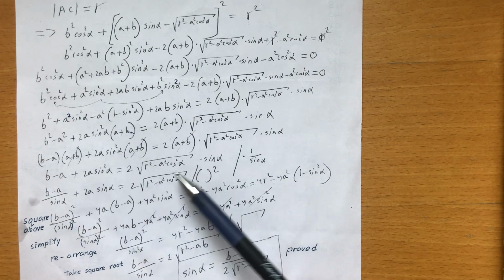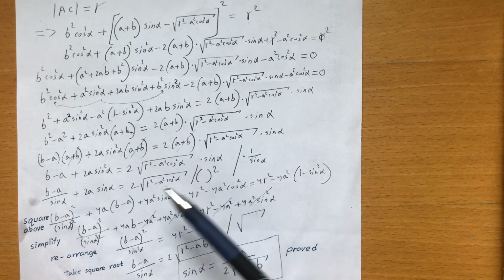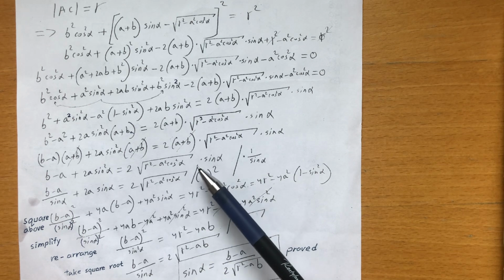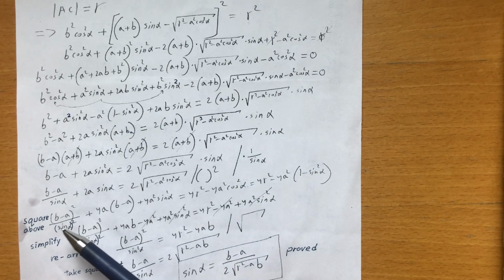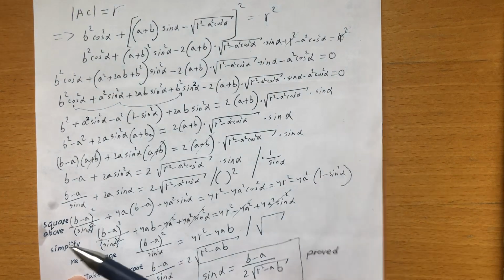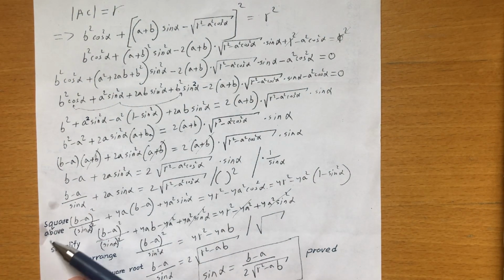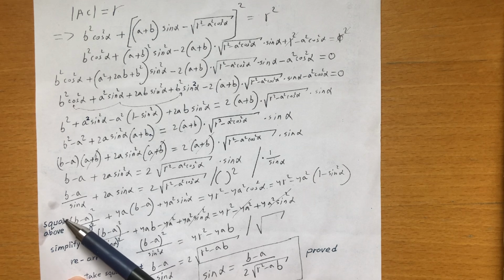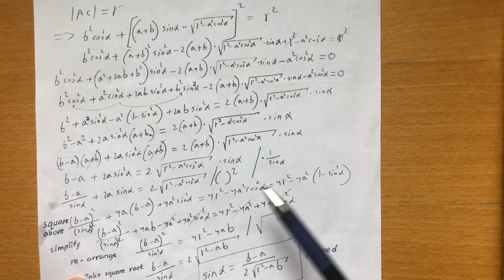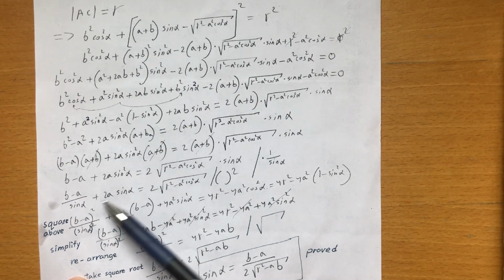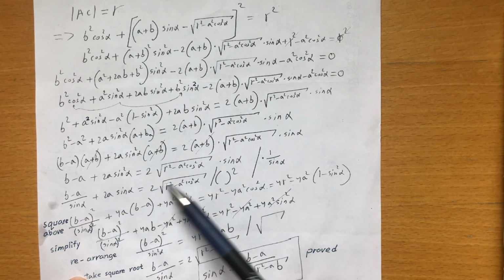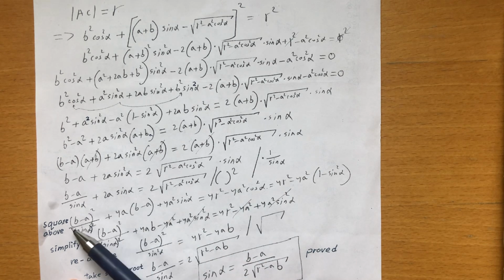And then this line, this person means you divide this line by something squared. Let me see my remark. Oh, he doesn't mean that. He doesn't mean you divide this line by something squared. He means you square this line.